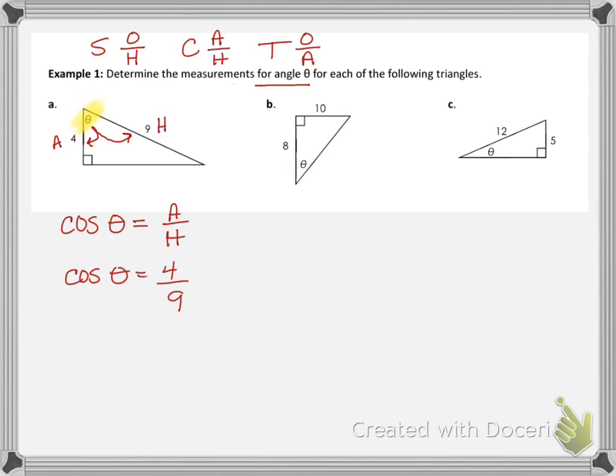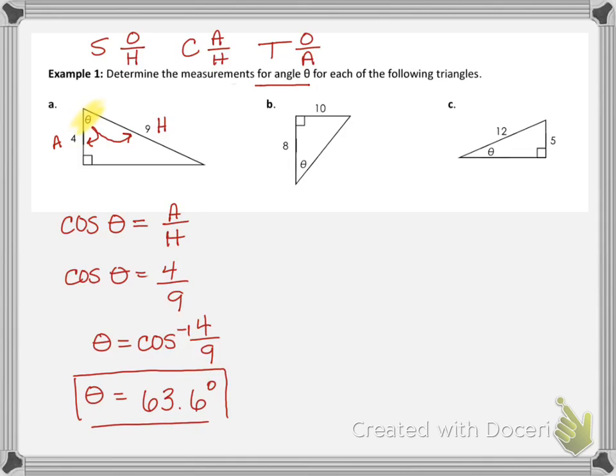So if I want to isolate my theta, I need to take the inverse of the ratio 4/9, or the arc cosine of 4/9. You will plug that into the calculator, take the cosine inverse, and if you round it to 1 decimal place, it will be 63.6 degrees.